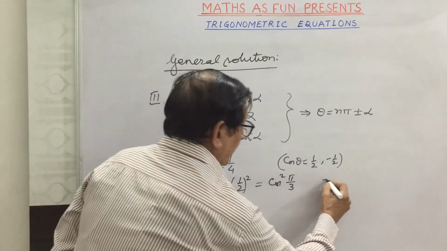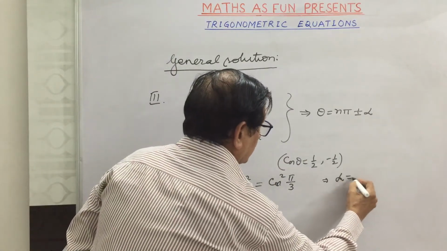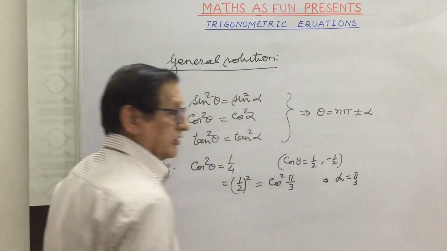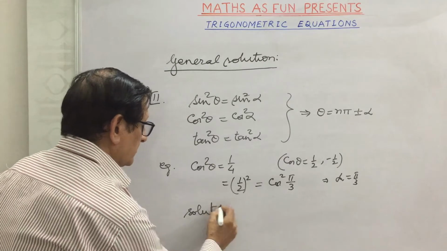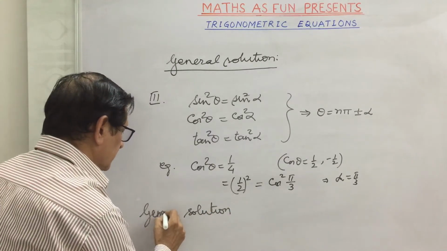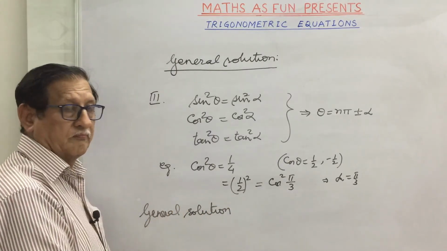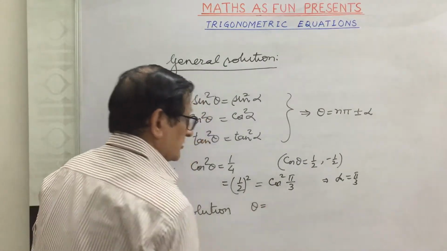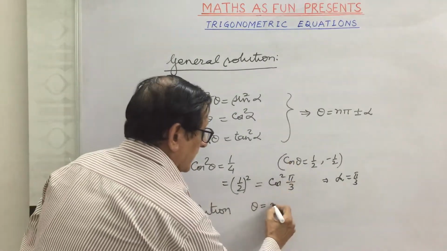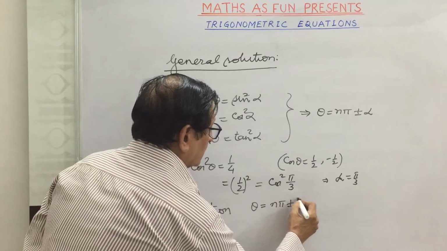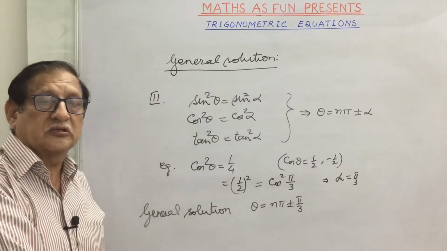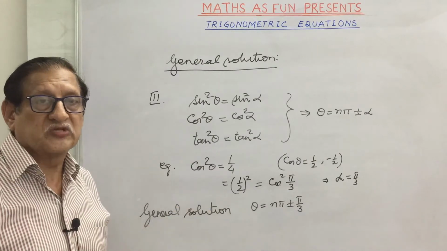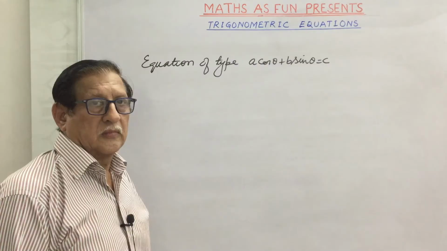And then we are finding here that alpha is pi by 3. It means the general solution of the equation is theta equal to n pi plus minus pi by 3. Like this we can see the type of the equation, and then we can write the general solution of that.